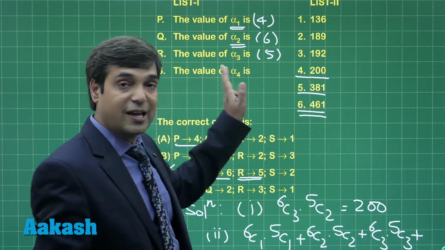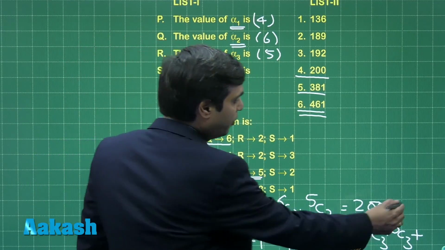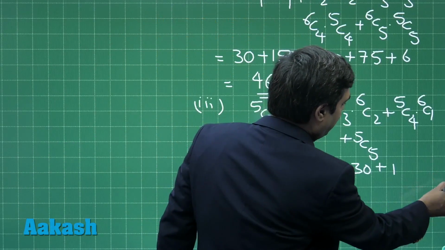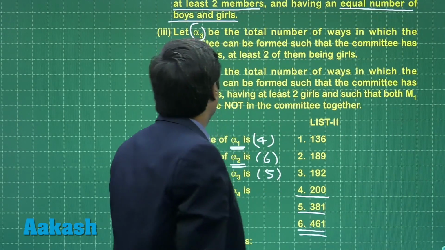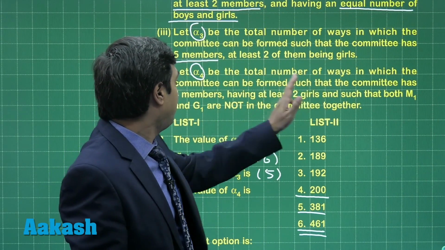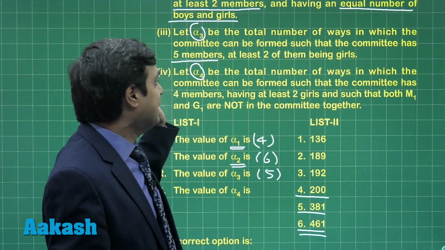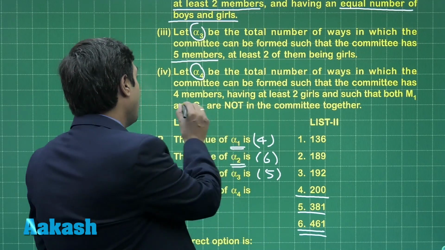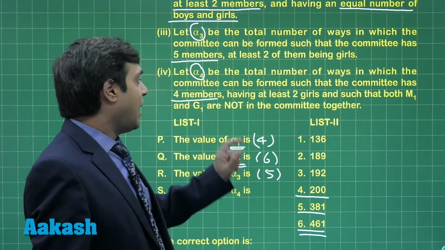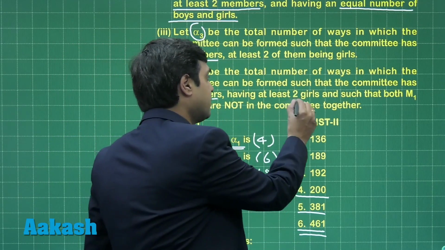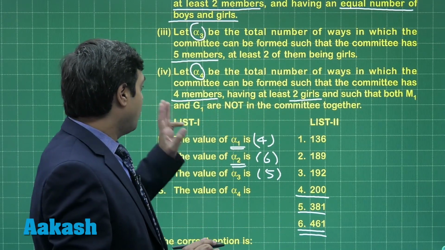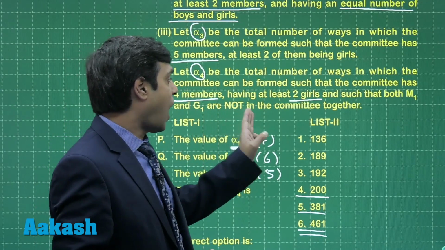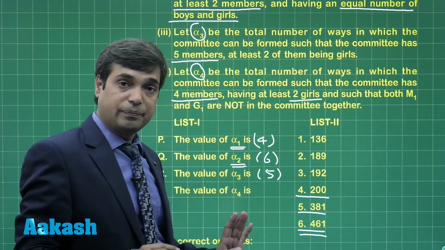But still, if we want the last one, the value for alpha 4, let us go for alpha 4. Alpha 4 be the total number of ways in which committee can be formed such that the committee has 4 members having at least 2 girls, such that both M1 and G1 are not there in the committee.